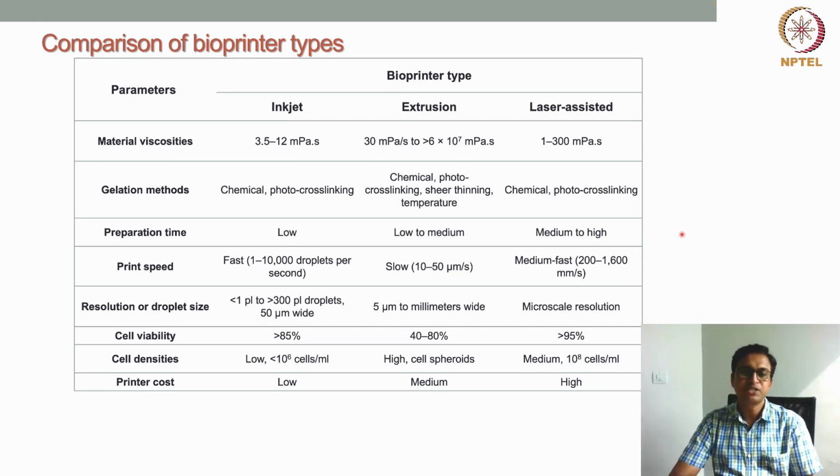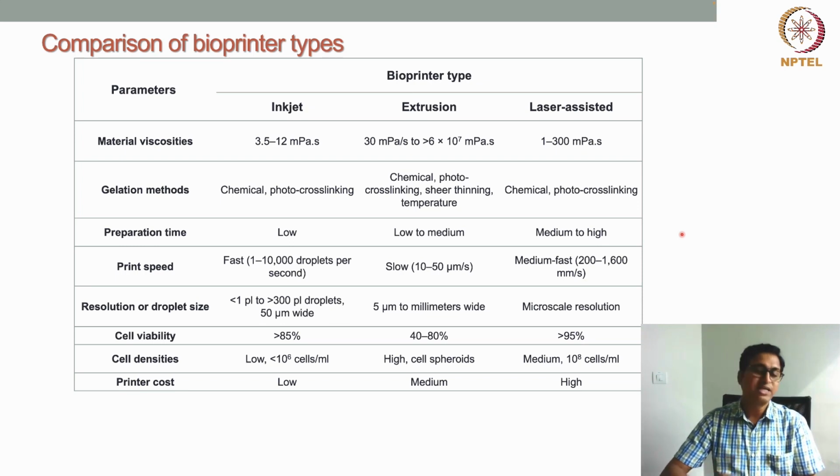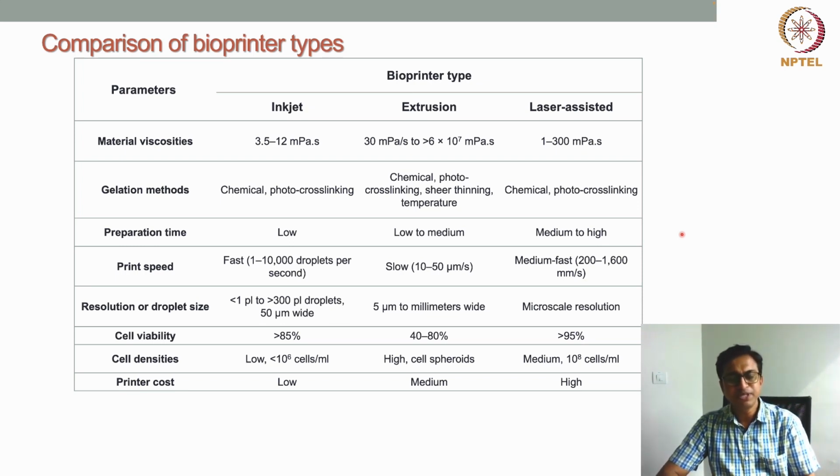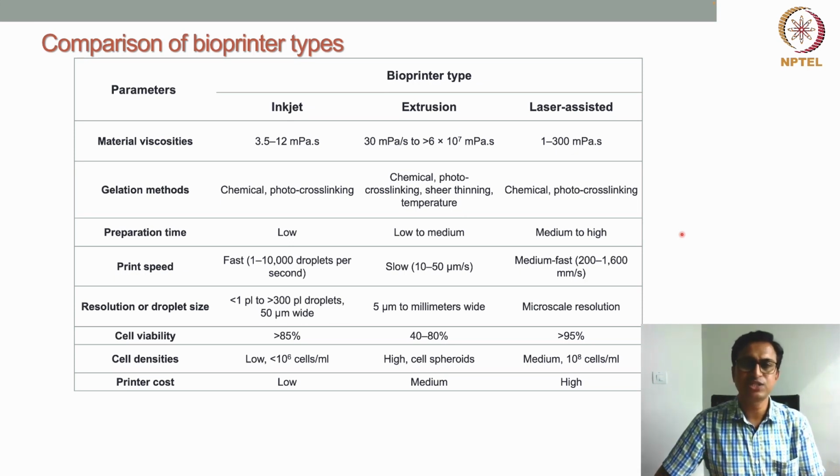Here bioink means mostly the cells or biomolecules suspended or mixed with the media, and then it can be directly used. So the preparation time is very low for inkjet printing. But in the case of extrusion-based bioprinting, the preparation time is low to medium, because in certain cases we need to prepare the biomaterials or the bioink, and that can take some time.